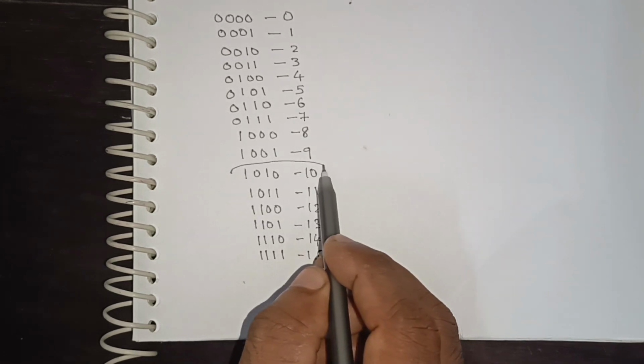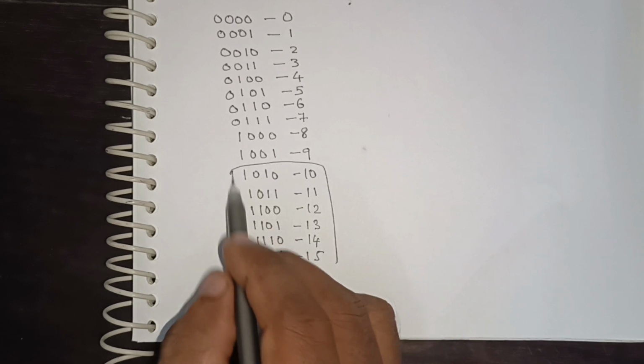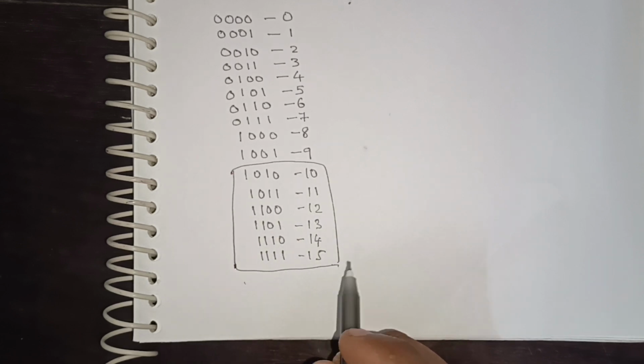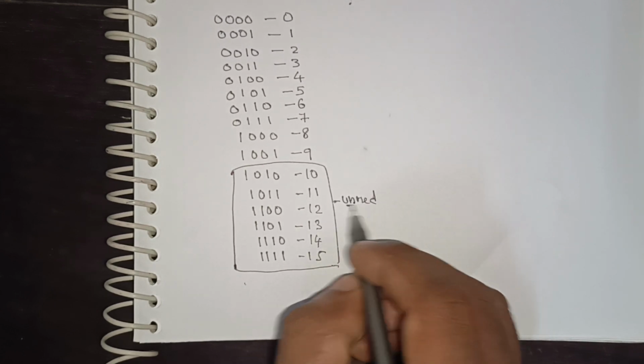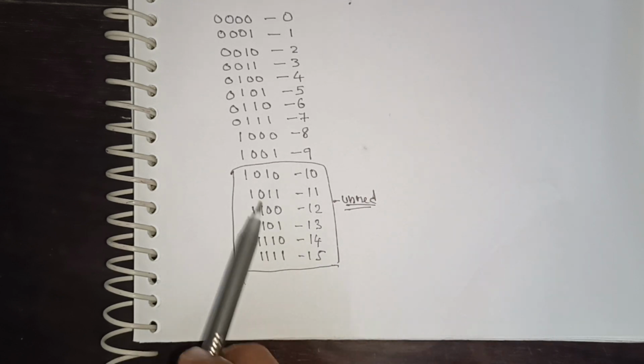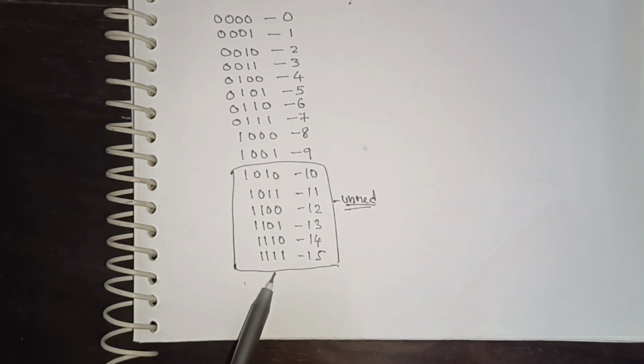They are not used because we only have digits up to 9. Even though we can write up to 15, we are not using these numbers in 4-bit representation.